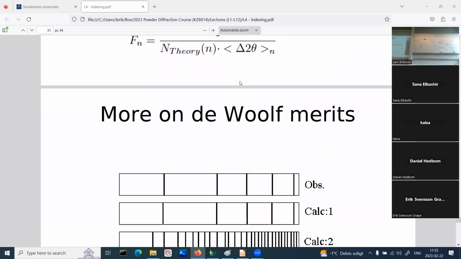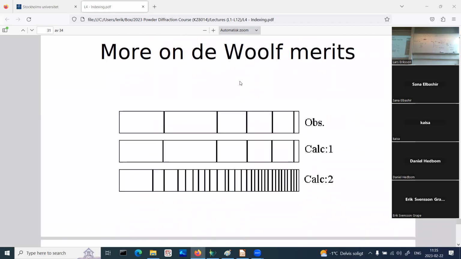And then the Wolff figure of merit, if this is the observed pattern with some lines, and if we have two choices there, perhaps one of the choices is slightly different, so that you can't see the difference, but this calculated unit cell doesn't fit very well.